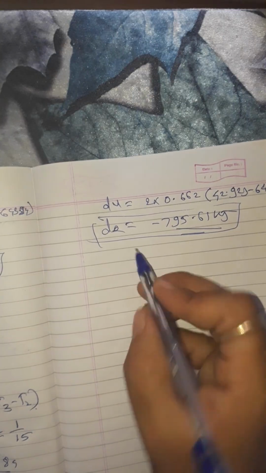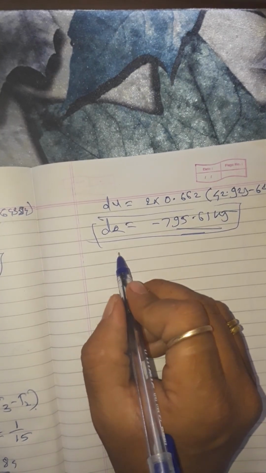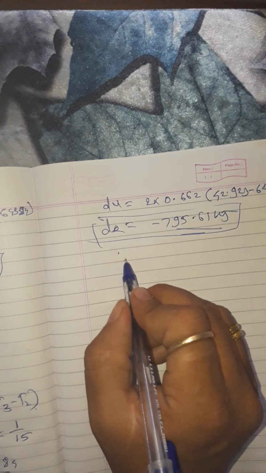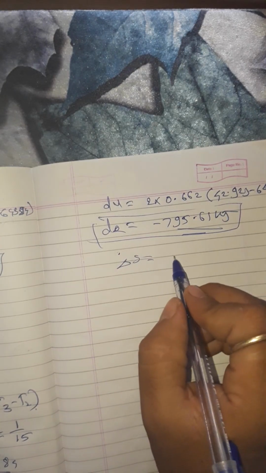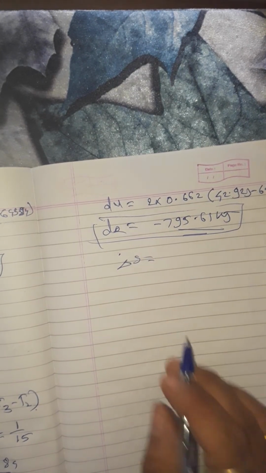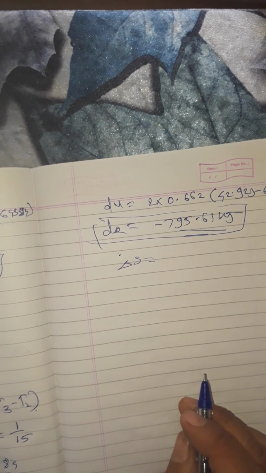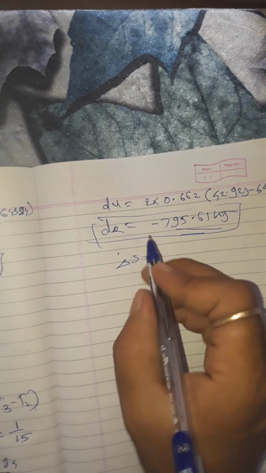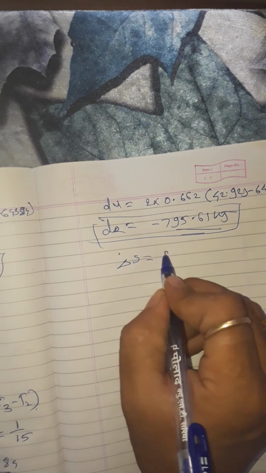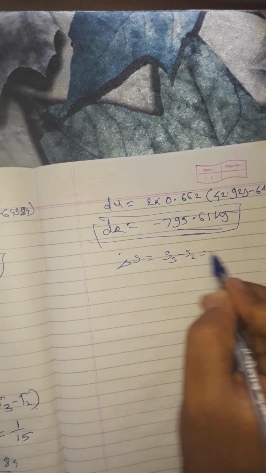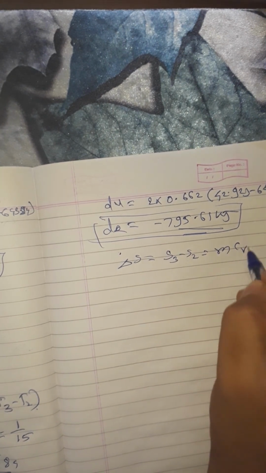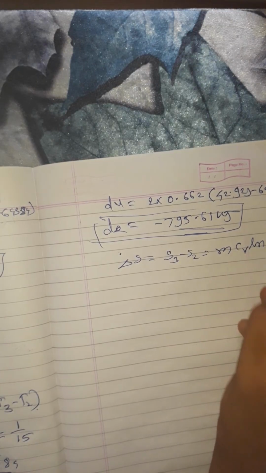For the change in entropy, we have the formula delta S. First, S2 minus S1 is 0 because S is constant in the isentropic process, right? So S3 minus S2 is equal to m Cv ln of T3 by T2.